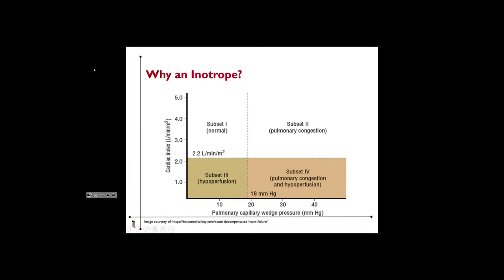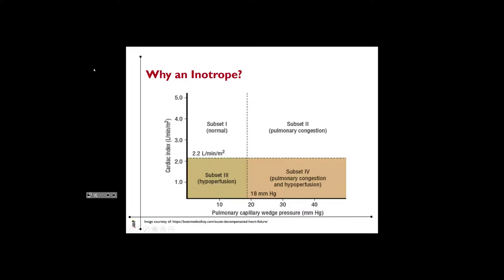I have listed here 4 of the subsets that are generally known with acute decompensated heart failure. The way they're described is whether the patient is warm or cold and wet or dry. If the patient is considered cold or has low perfusion, they generally have a cardiac index of less than 2.2.